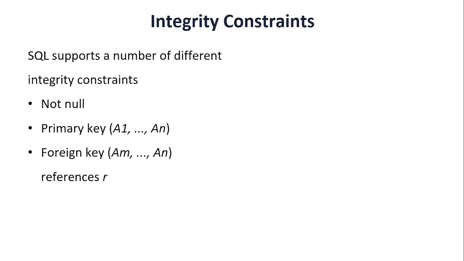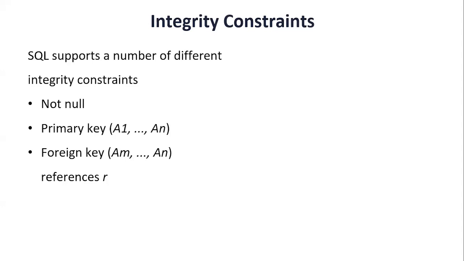And then we have certain integrity constraints that we can impose when we define the table or the relation. So what we mean by integrity constraint is certain, let's say, rules that these relations should follow. So there are a few different types of integrity constraints that we can have.